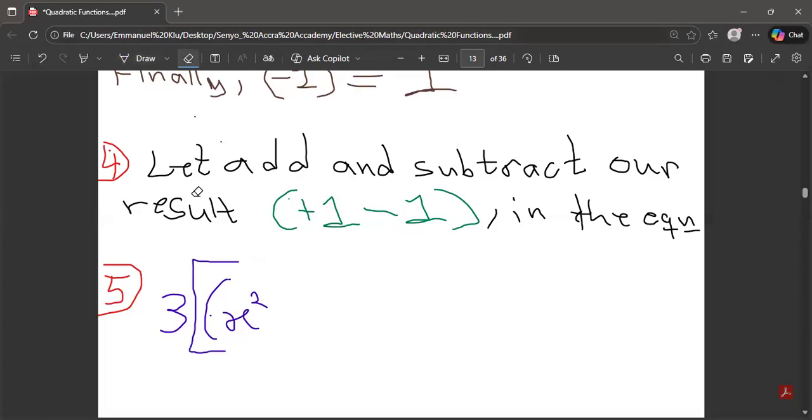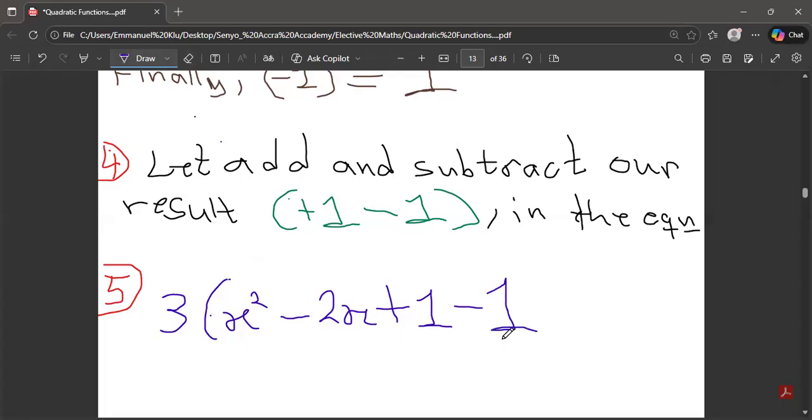Okay, but before I show you that step, let me finish writing this before. Minus 2x, plus 1, minus 1. At the end of the day, we can close the bracket. Then the plus 10. This is the plus 10 you saw initially.